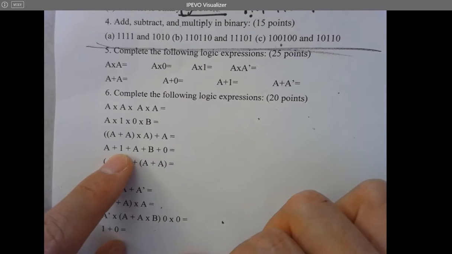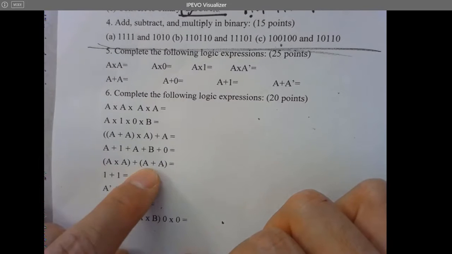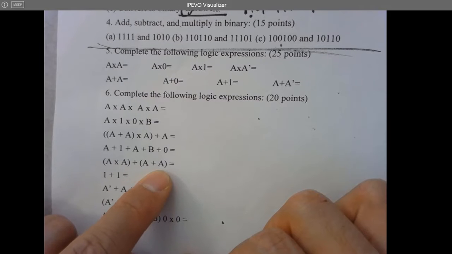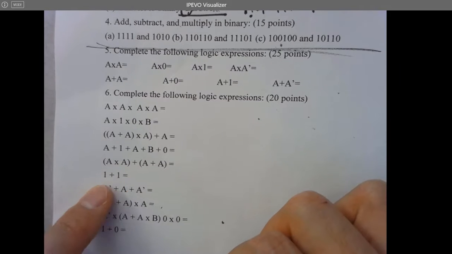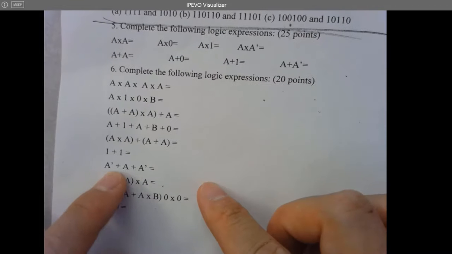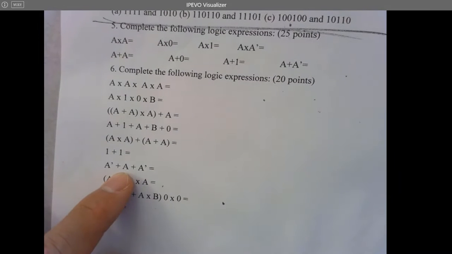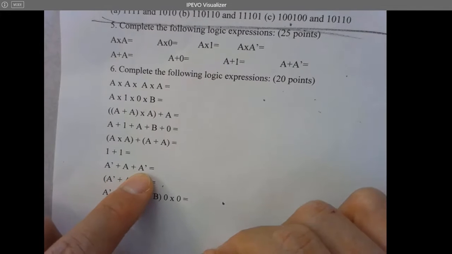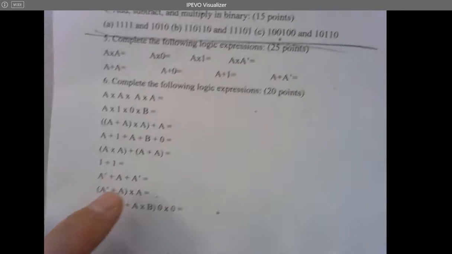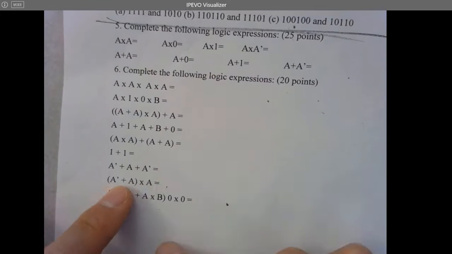If you see a 1 in OR logic, it's going to be 1. 1 or 1, 1. A NOT or A, 1: me, myself or not myself, right? You got a 1 in OR logic, so it's going to be 1 eventually.